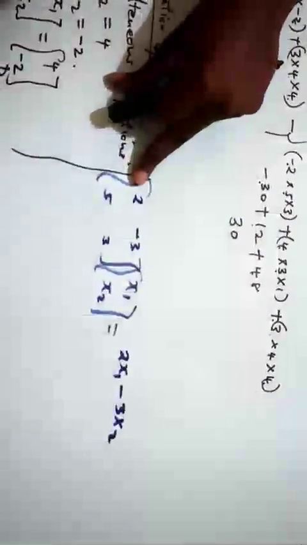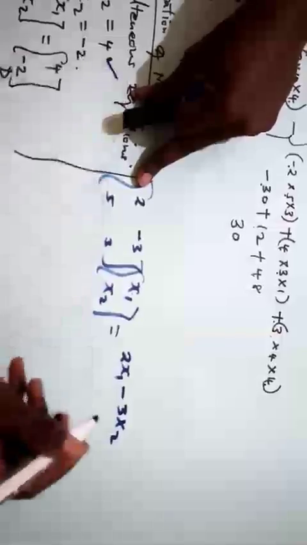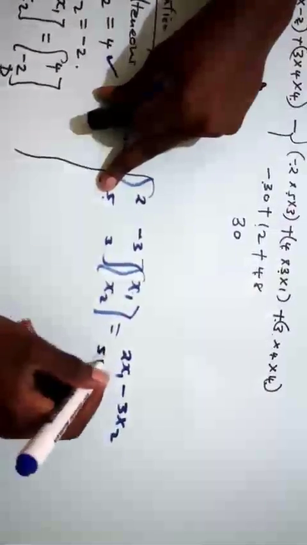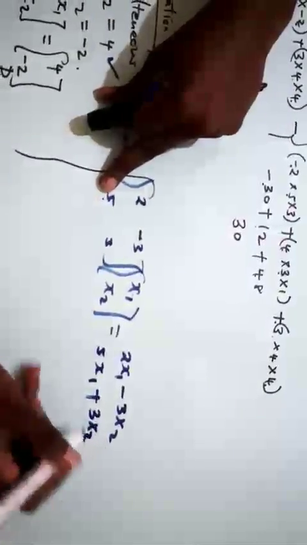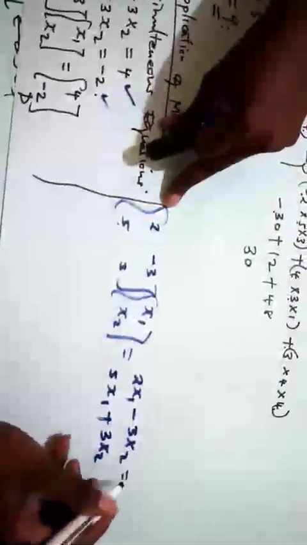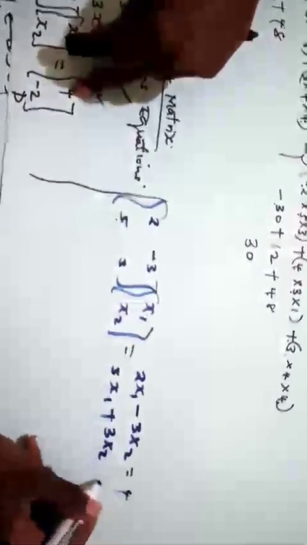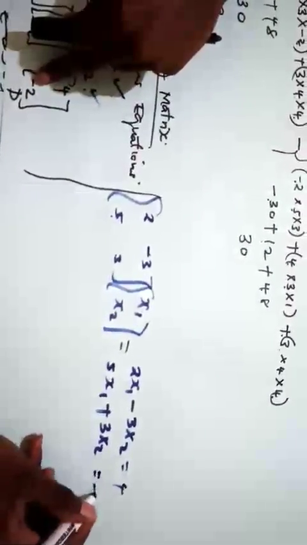So we have almost the same equation we had here. Then we take 5x1, then we have plus 3x2. So this is almost the same equation we had here. So then our resultant is 4, and here we are talking about negative 2.